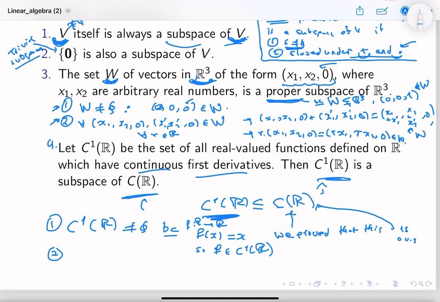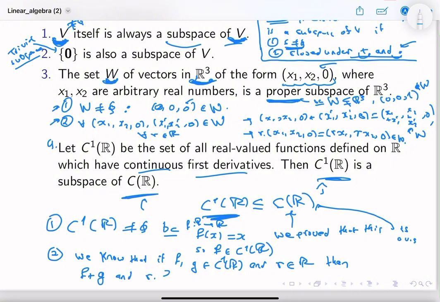you want to check closure under addition and scalar multiplication, but we know that if f, g are in C1 of R and r is a real number, then f plus g and r times f are differentiable with continuous derivative.